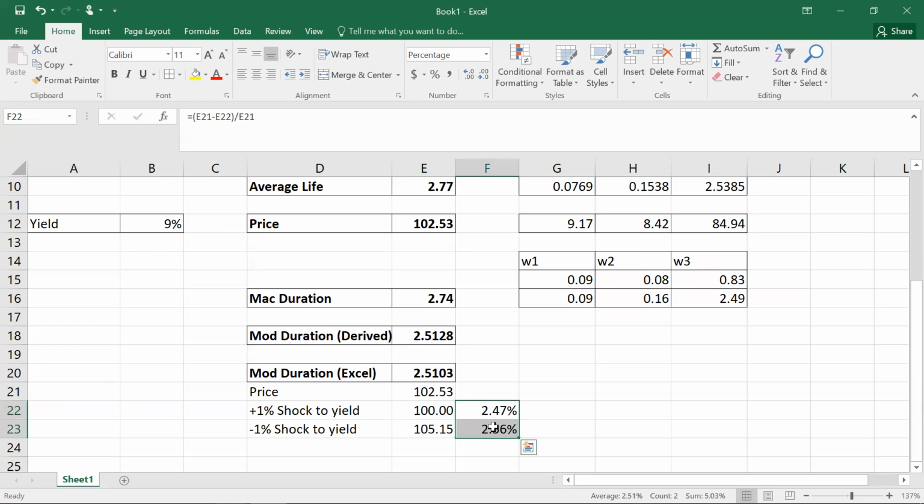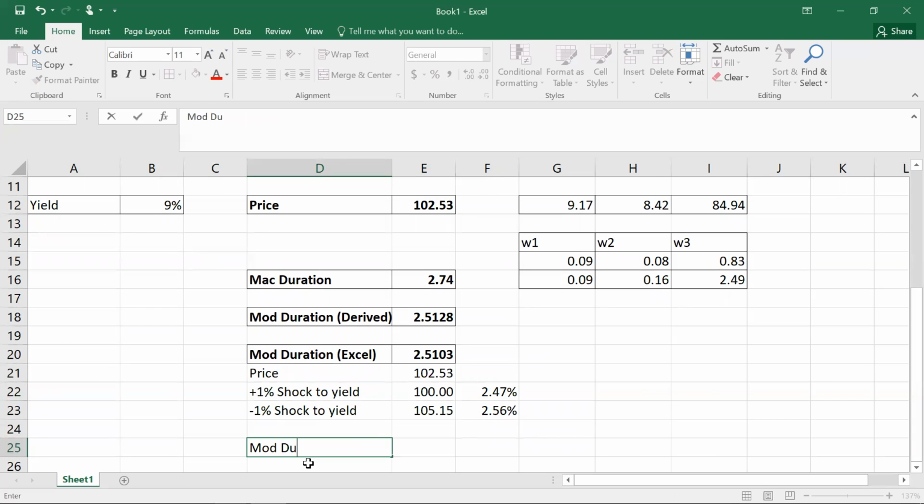These are the two changes in the value of the bond given the shock up or down, and you can see that the change in value is different. So to find out duration, you have to take the average of the two. The modified duration calculated using shocks is the average of these two.